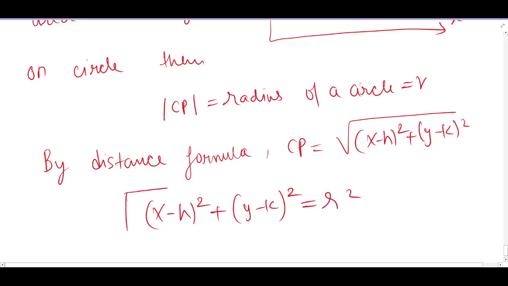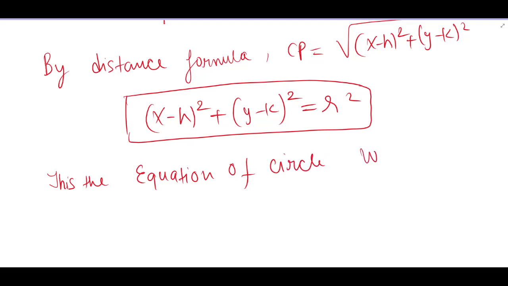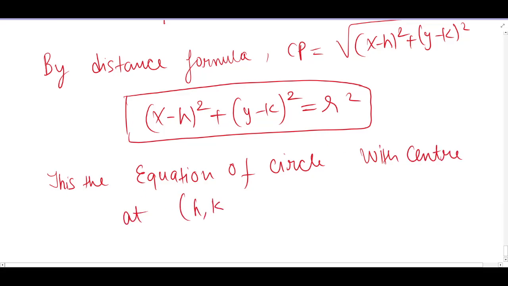So this is the required equation of a circle, where (h, k) is the center of the circle and r is the radius.